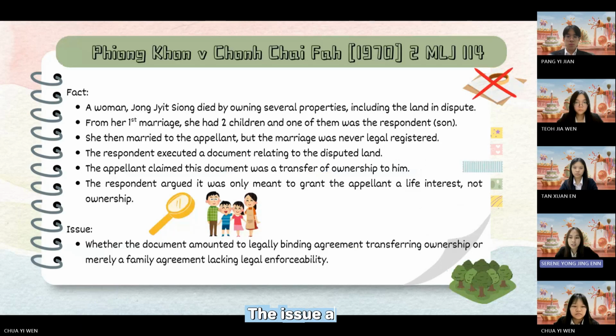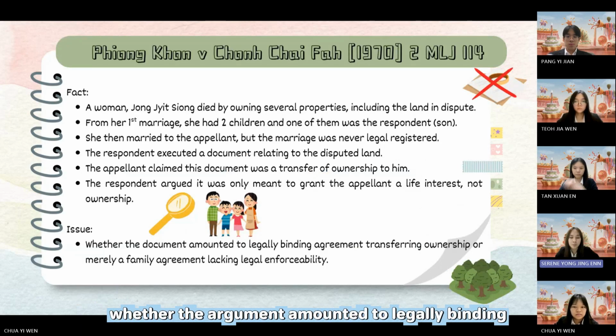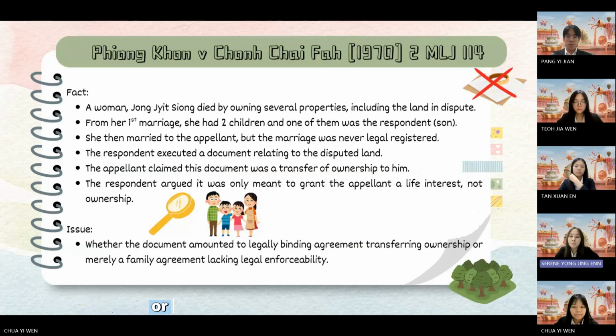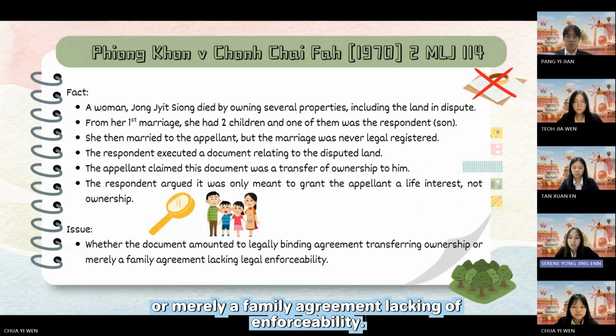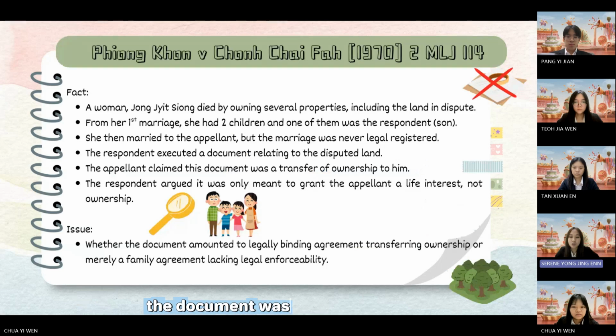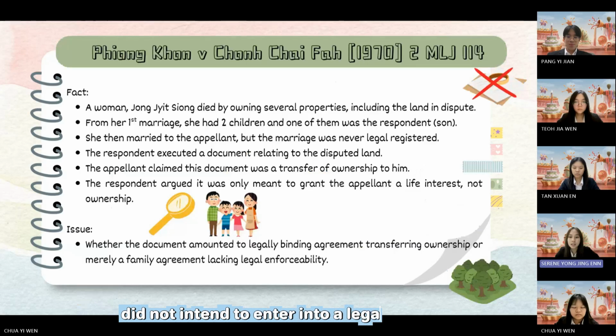The issue that arose in this case is whether the document amounted to a legally binding agreement transferring ownership or merely a family agreement lacking enforceability. The court held that the document was executed out of family consideration, not commercial intent. Therefore, the parties did not intend to enter into a legally enforceable contract.